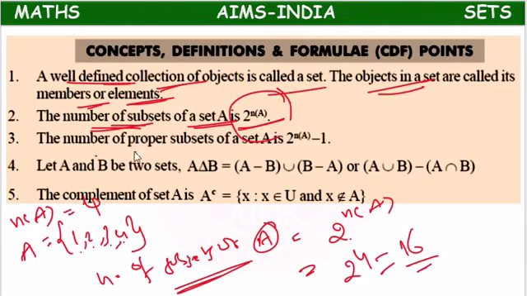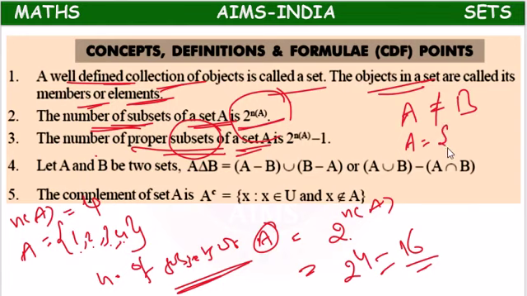The number of proper subsets of A. This proper subset concept will come when A is not equal to B. Suppose in A we have 1, 3, 5, and in B we have 1, 3.